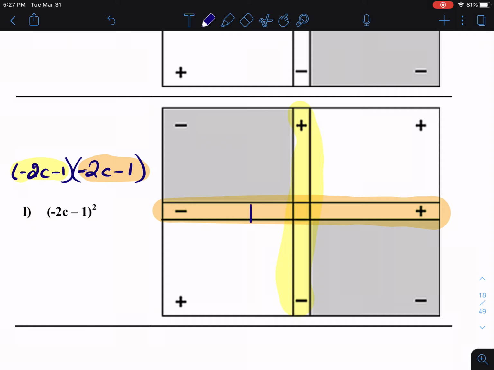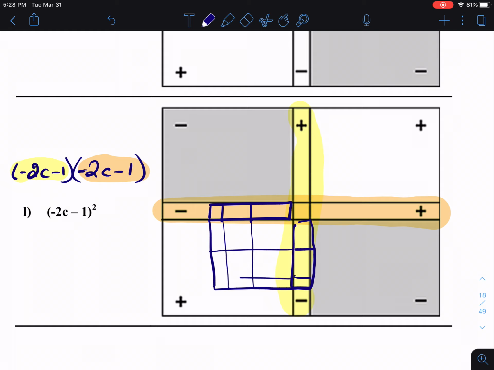So let's say minus 2c minus 1, minus 2c minus 1. And the area that we're going to be looking at is this. And if we make sure everything lines up nicely, we have something like that.